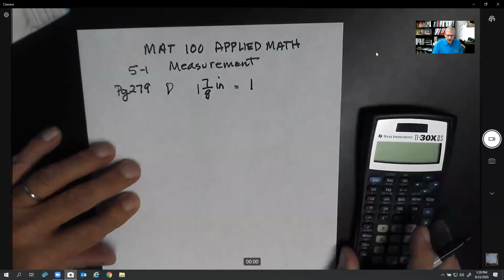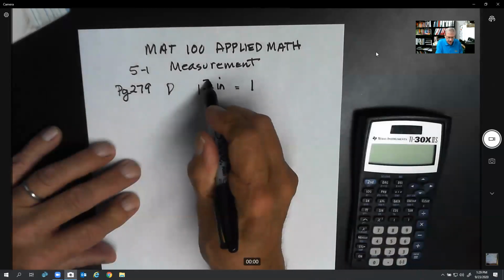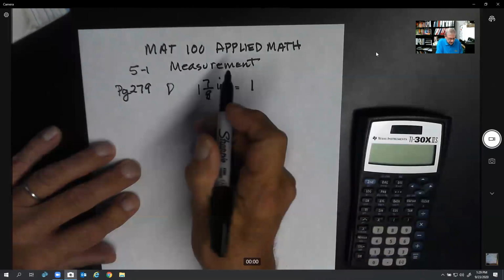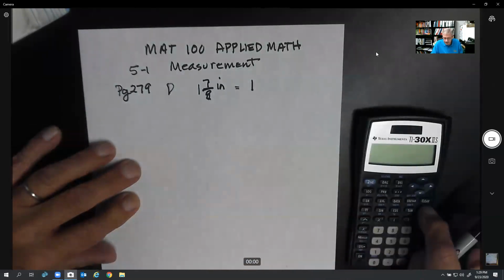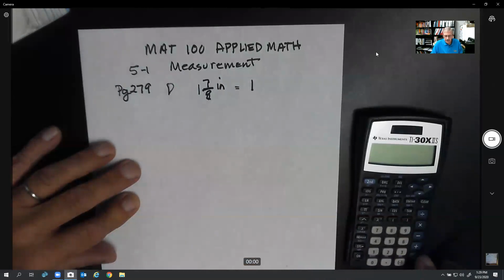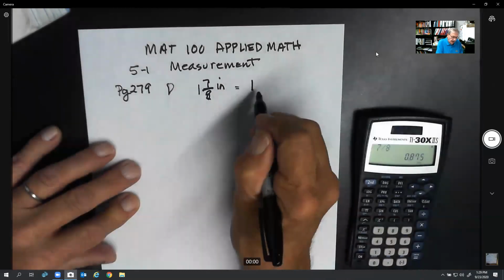Whenever we want to convert a fraction to a decimal, we're going to divide the top by the bottom. Just like it says, 7 divided by 8. 7 divided by 8 is 0.875.